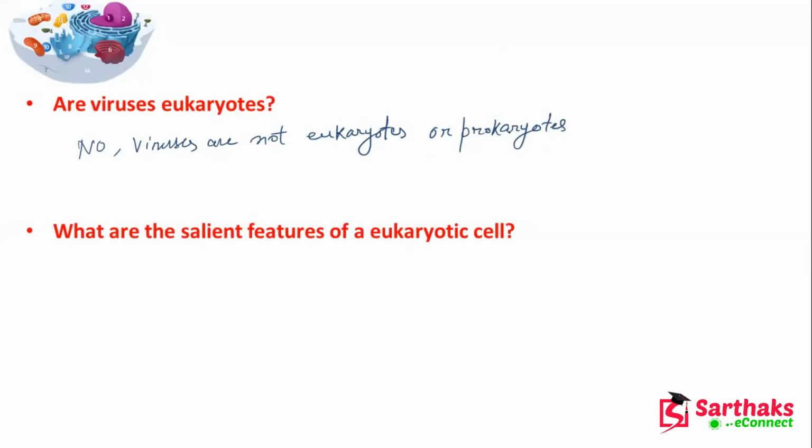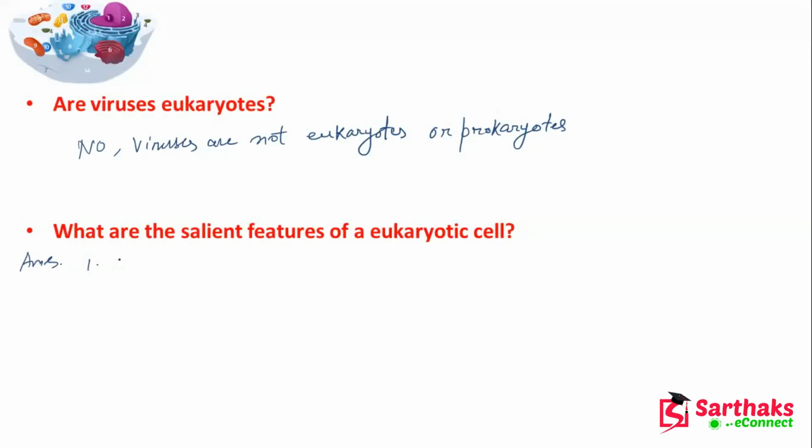And what are the salient features of a eukaryotic cell? You can write down that the eukaryotic cell has a nuclear membrane.